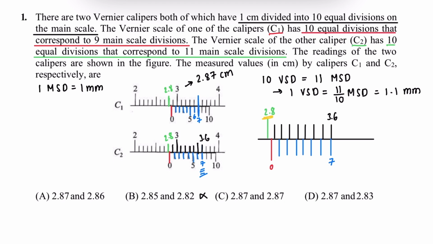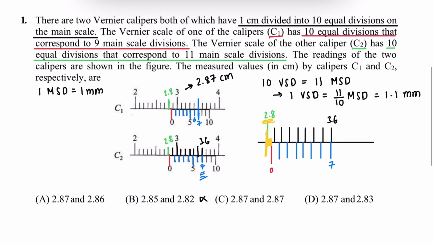It is 2.8 plus the distance between these two, this yellow portion shaded right here. It's the distance between the division of 2.8 on the main scale and the vernier 0, plus the main scale reading, which is 2.8.